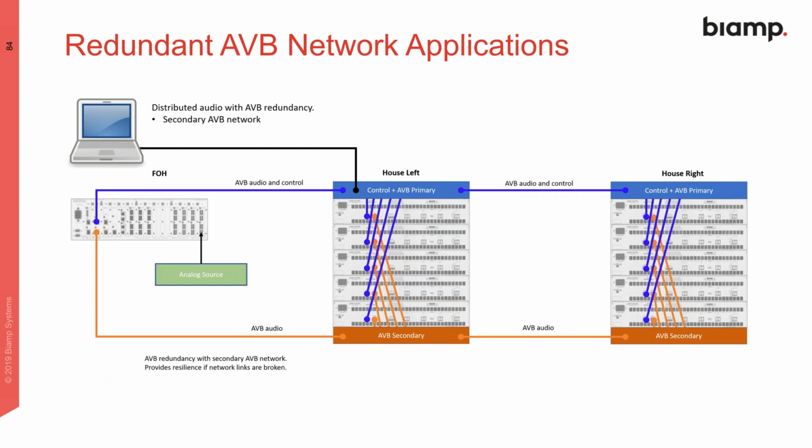Take the secondary send out and run a secondary AVB network, and then run that to your amps. So in the event of a primary network failure, a wire gets cut or a switch dies, the program is running on the secondary. It's just an instantaneous switchover. There's no muting or anything that happens, so it's good resilience. It's even faster recovery than RSTP.